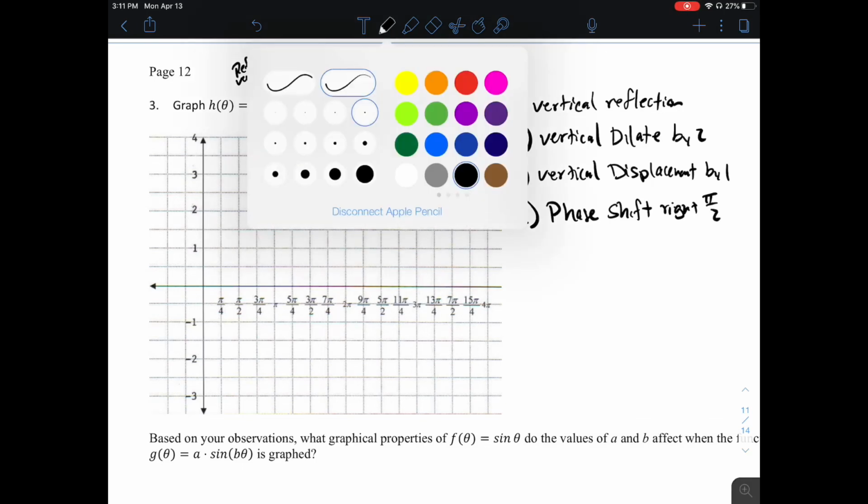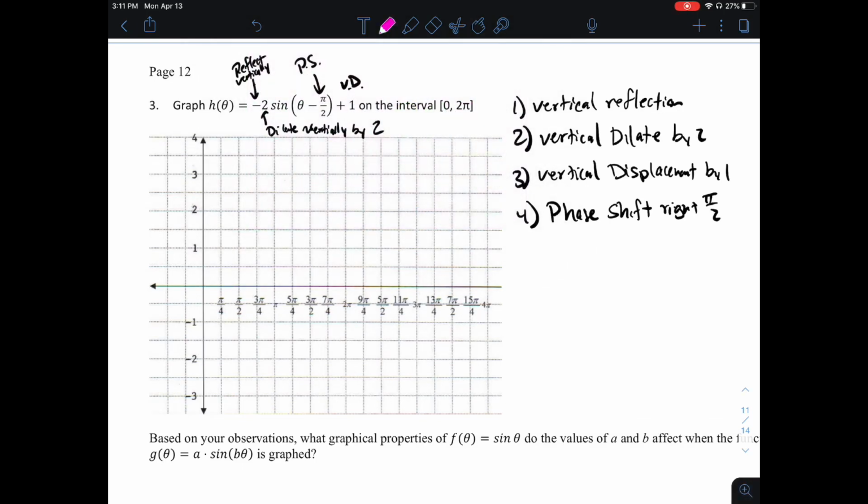So when you graph this, graph the midline first. Because of this vertical displacement of 1, the midline is now at 1. It's not really part of the graph. That's why I made it dashed. From this midline, normally we'd go up 1 and down 1 for our graph. But because of this -2, we're going to go up and down 2 from this midline.